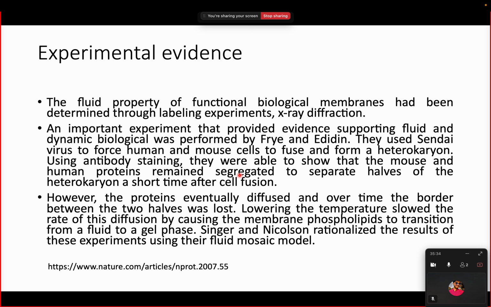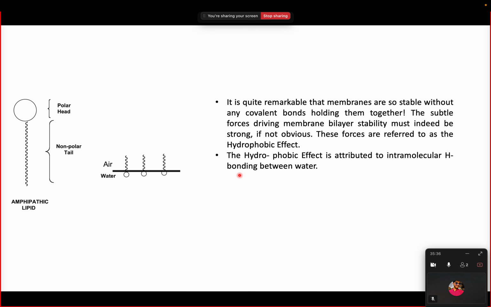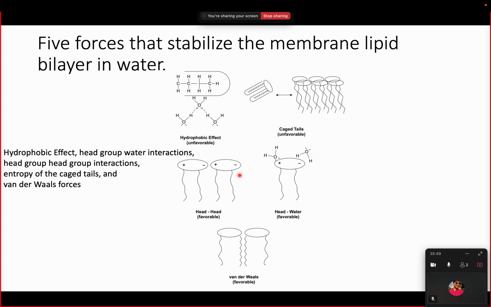Then we discussed some of the experimental evidences which helped us in saying that the membrane is fluidic in nature and proteins are present both inside as well as outside of the membrane. Then the question arises, if this structure is so important, how is it stabilized at the end of the day?